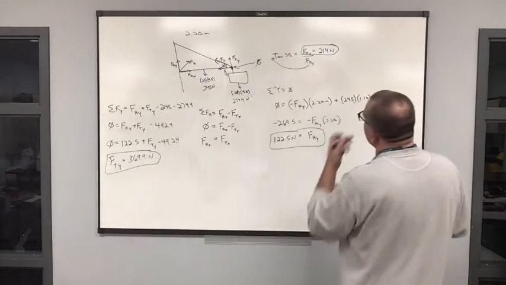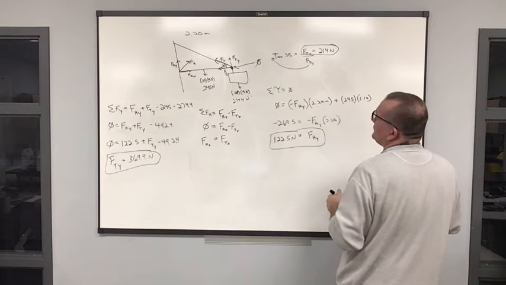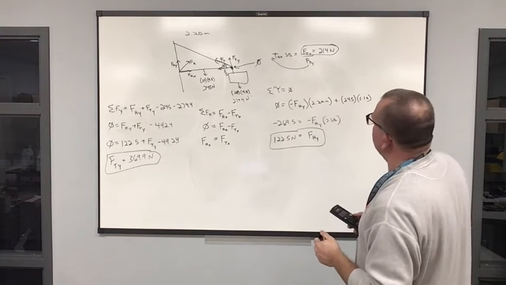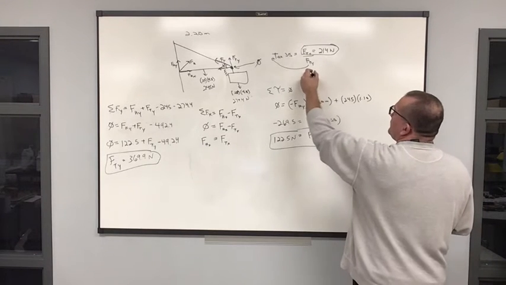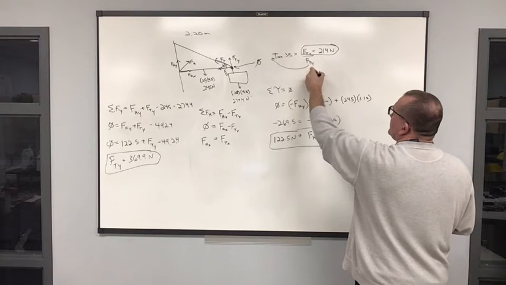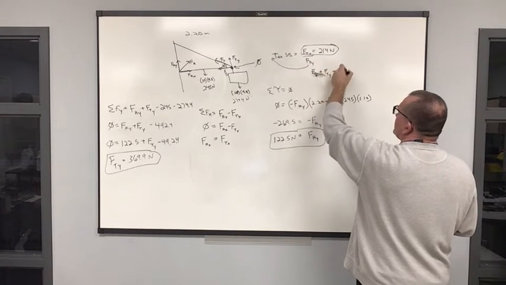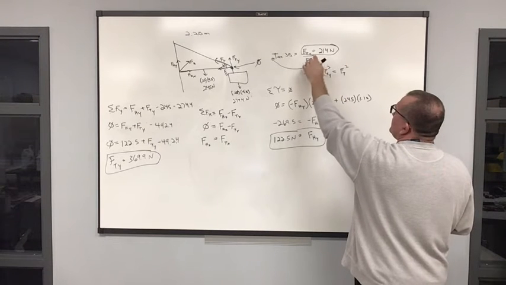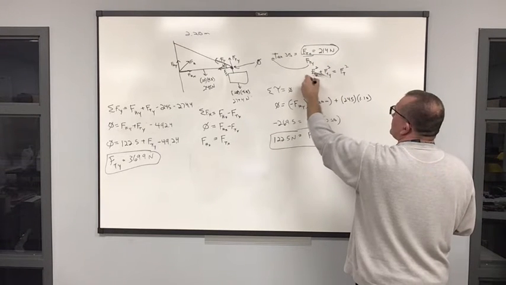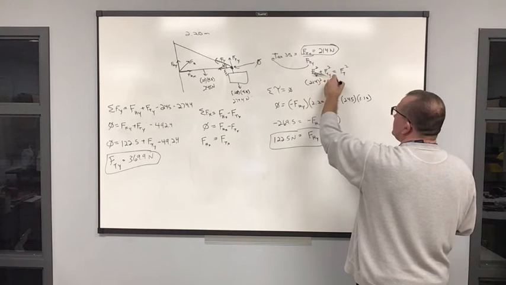And then once I know that, I can find this tension by just doing opposite over adjacent, or I can do the Pythagorean theorem, actually. F tension of x squared plus F tension of y squared equals force of tension squared, and I know F tension of x is 214, F tension of y is 369.9.